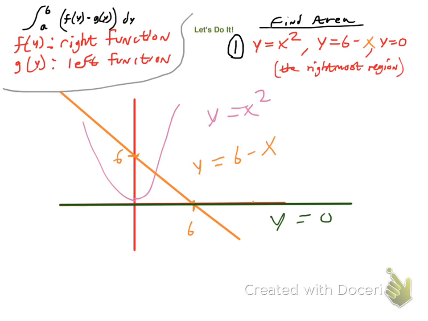I want my colors to match for the line tool and for the marker tool. The same green color. Okay, so the area we're trying to find is this red region right here, in between y equals x squared and our two lines.